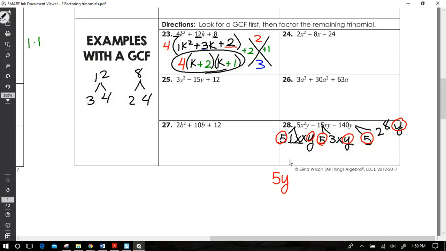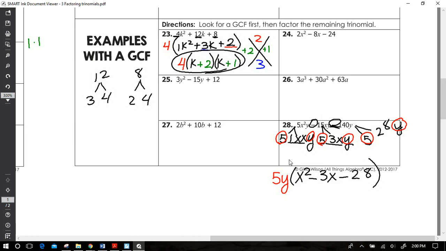So here's what I have left over: 1x squared, minus, that sign right there, 3x, minus, that sign right there, 28. So this time my GCF was not just a number, it was also a variable term.